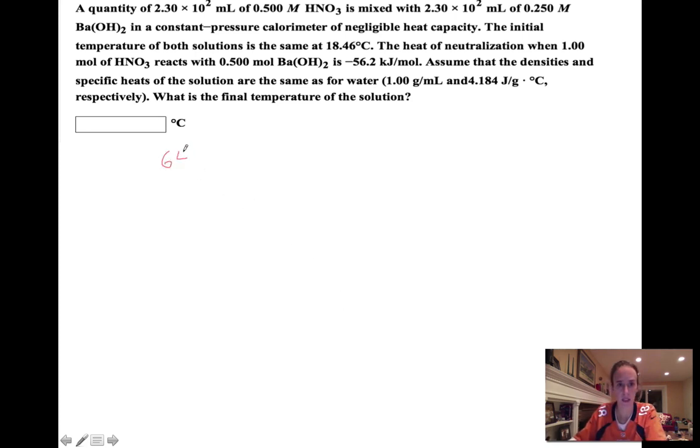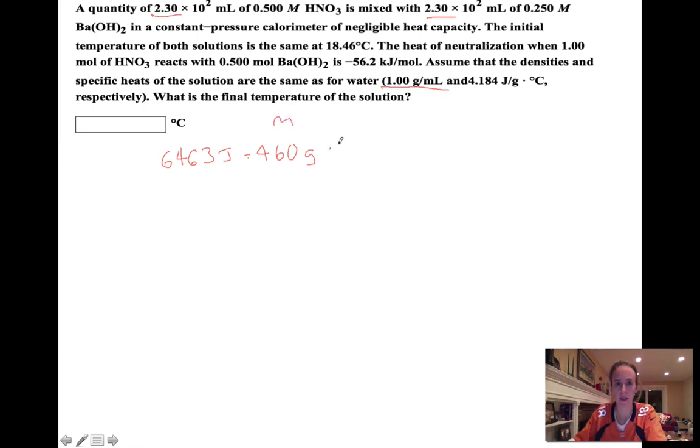So in other words, 6,463 joules, that was my value from the last calculation, is equal to the mass of the solution, which is 460 grams. I got that because we started with 230 mL, and I'm assuming a 1 gram per mL density. So that's my mass.